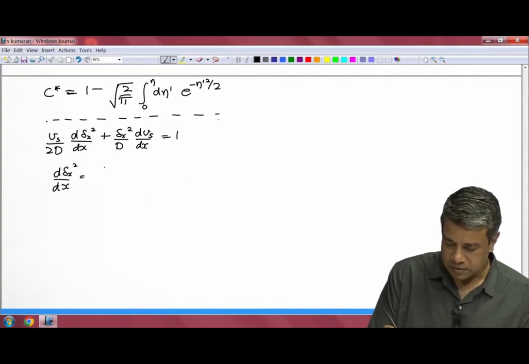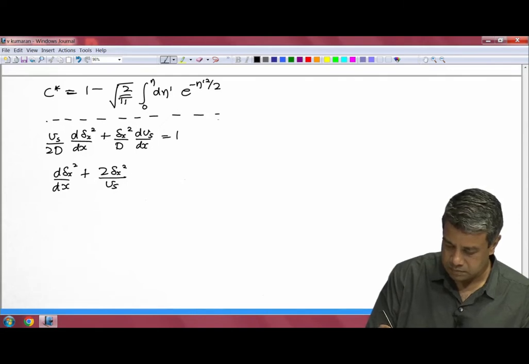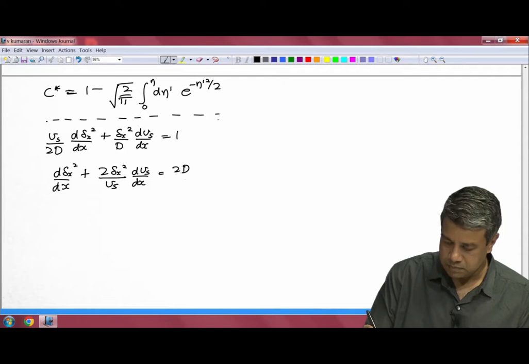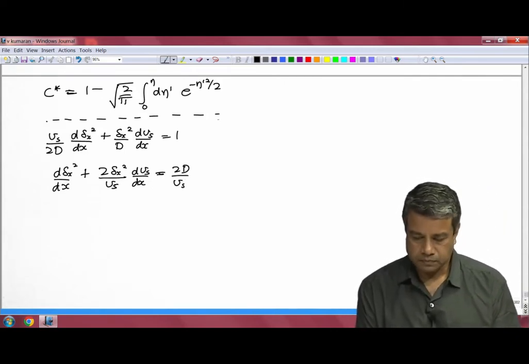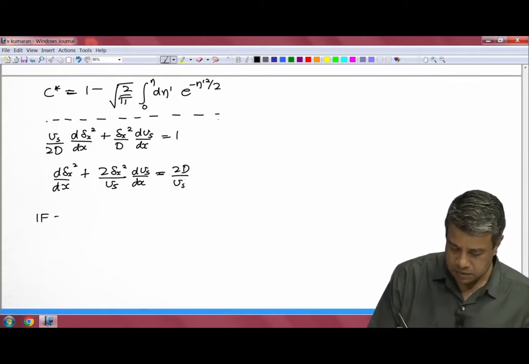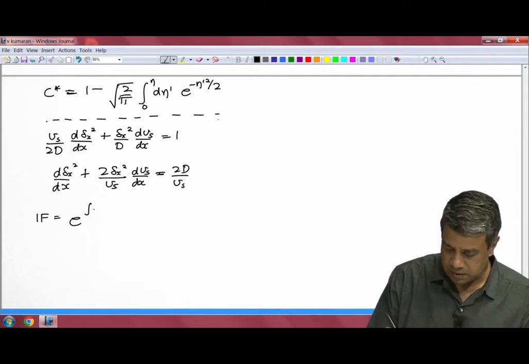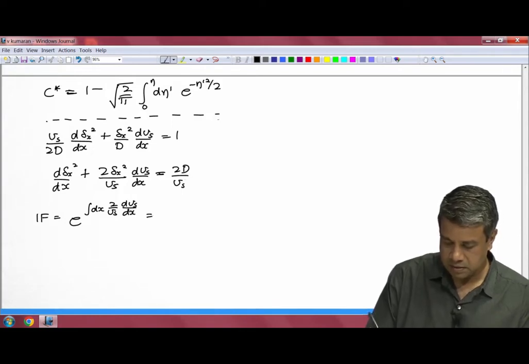The integrating factor is e to the power integral dx times 2 by Vs dVs by dx.